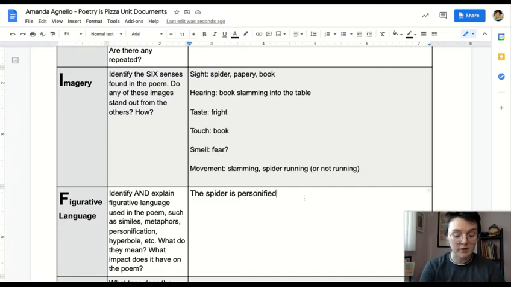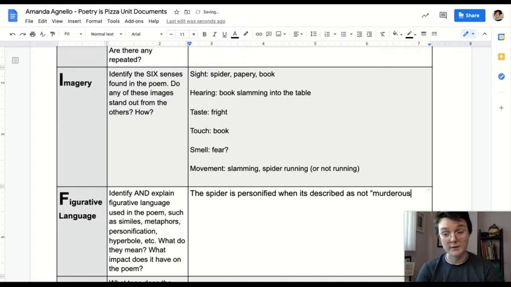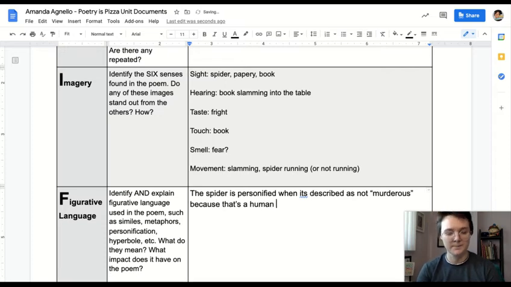The spider is personified when it's described as not murderous, because that's a human thought level, right? The impact, this is the second part, right? So I have to say what it is and what its impact is.